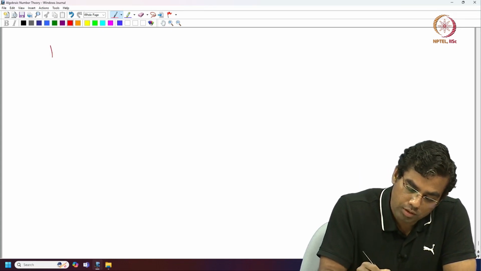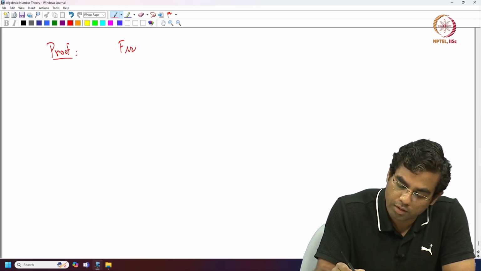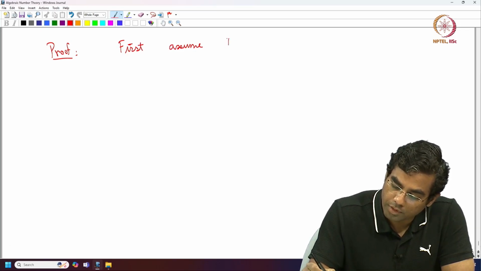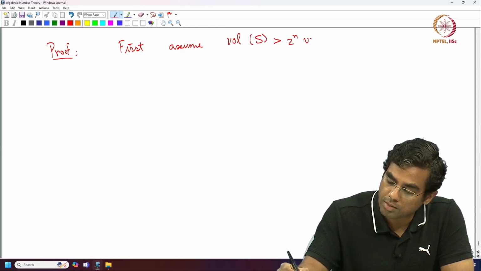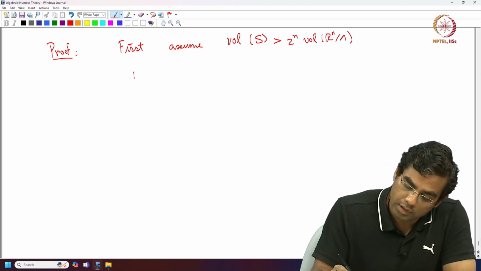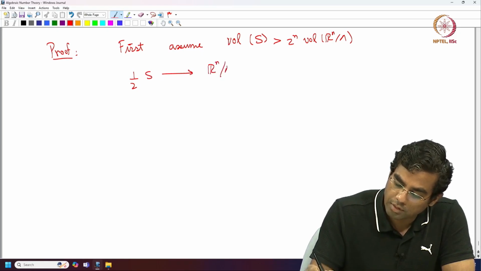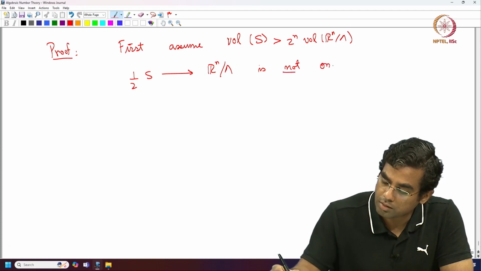So we are first assuming that volume of S is strictly bigger than 2 to the n times volume of R to the n mod lambda, and we concluded that this map is not 1 to 1.